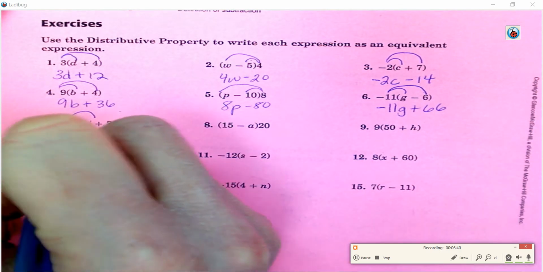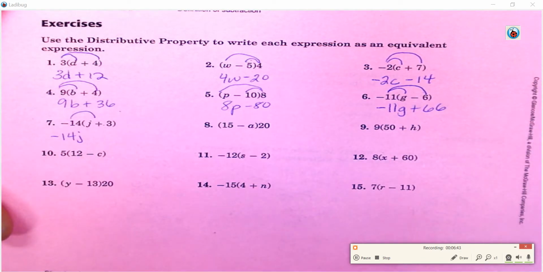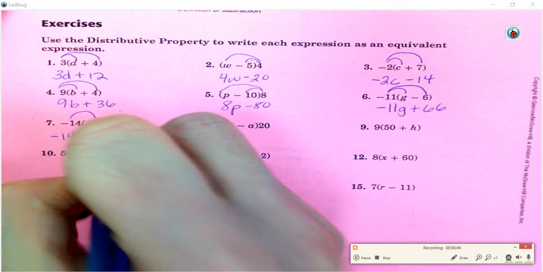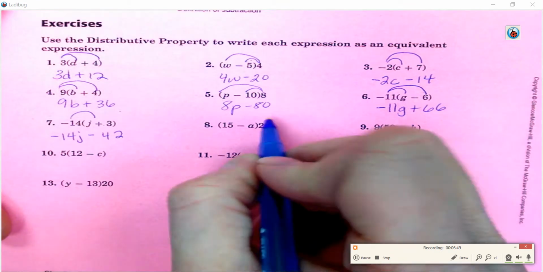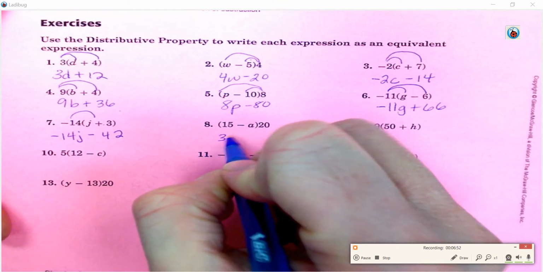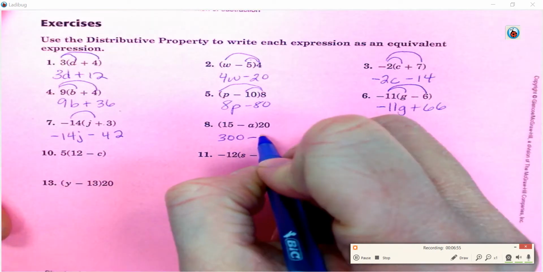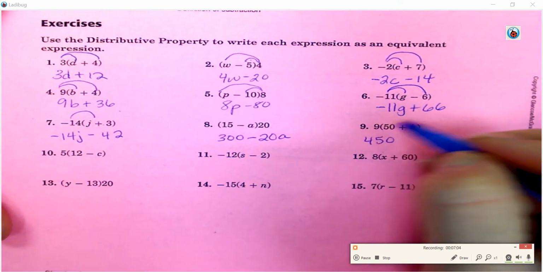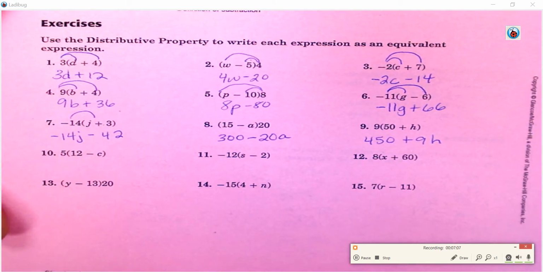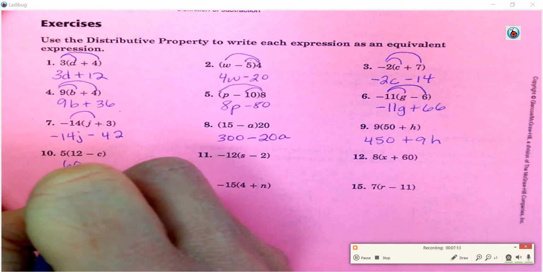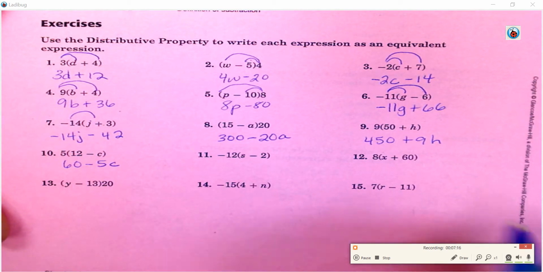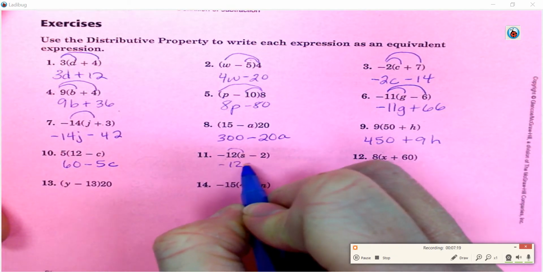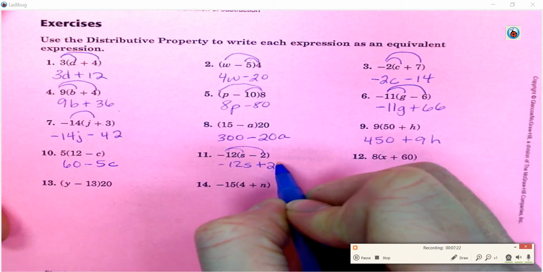Negative 14 times j is negative 14j, and then negative 14 times 3 is negative 42. 20 times 15 is 300, and 20 times negative a is negative 20a. 9 times 50, 450, and 9 times h, 9h. 5 times 12 is 60, and 5 times negative c is negative 5c. Negative 12 times s is negative 12s, and negative 12 times negative 2 is positive 24.